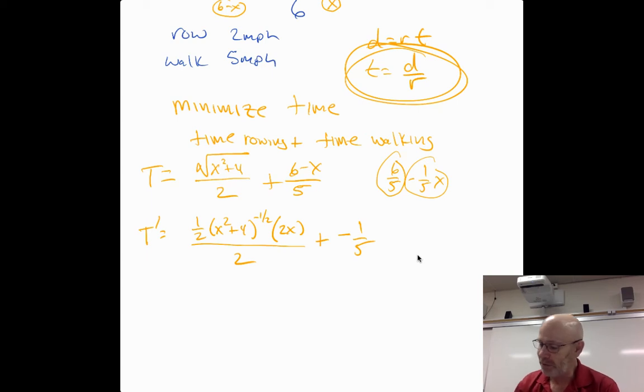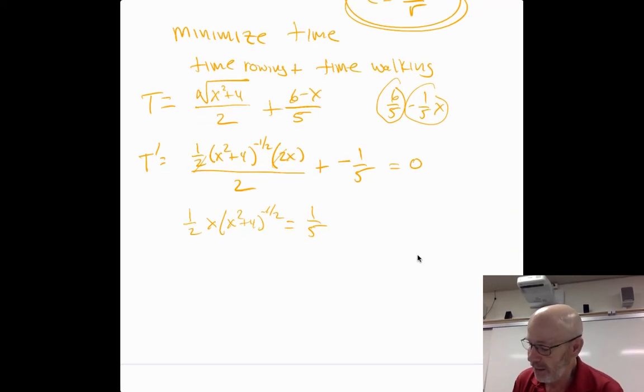All righty. So we're going to set this equal to 0 and do a little simplifying here. That 1/2 and that 2 are going to be gone, so I still have a 1/2 x times (x squared plus 4) to the negative 1/2, and we're going to set that equal to 1/5.